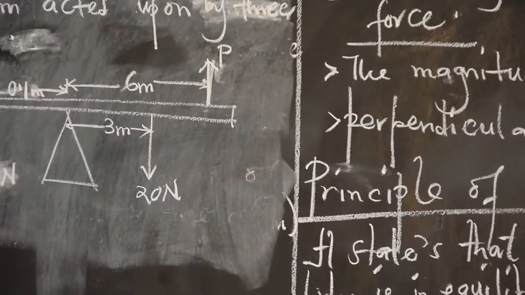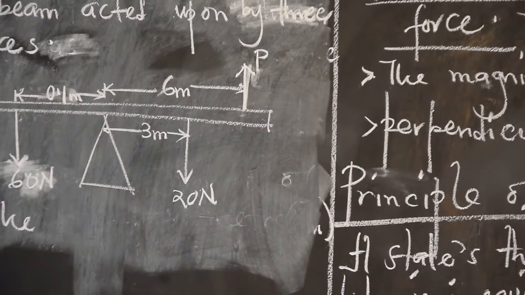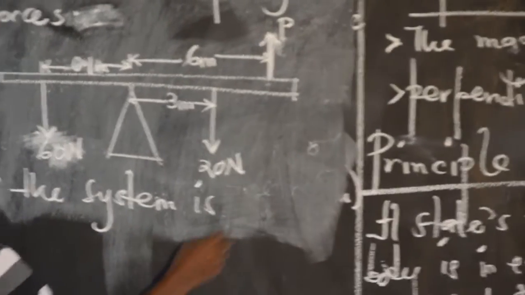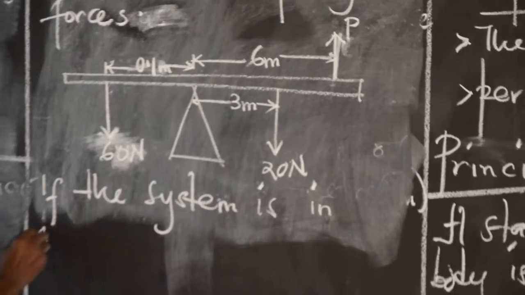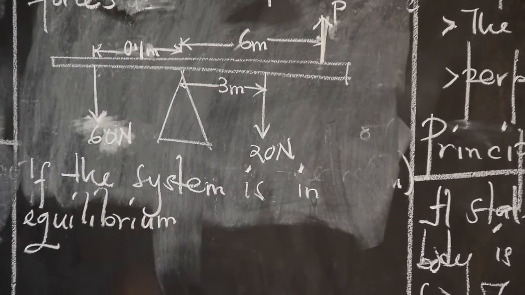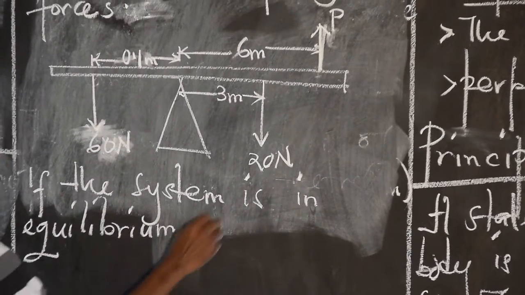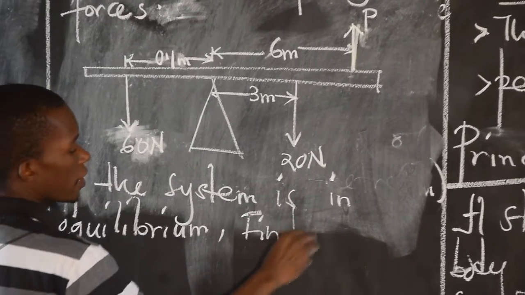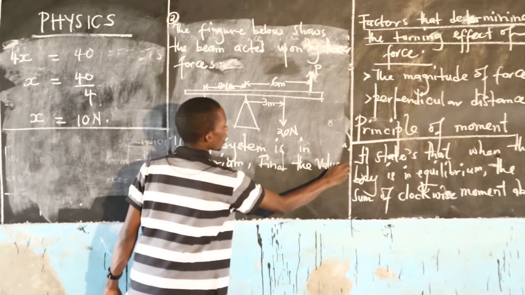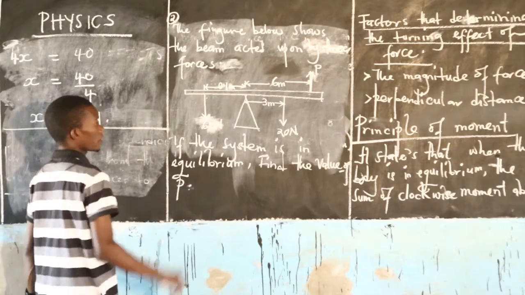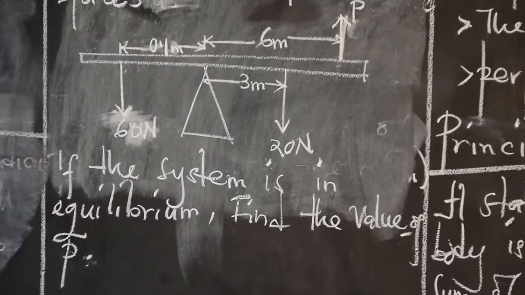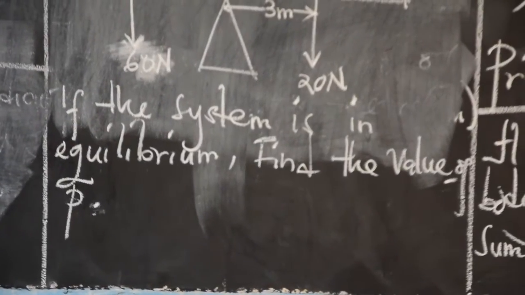They say if the system is in equilibrium, find the value of P. We are going to find the value of P. This one, there are forces acting up and forces acting down on the beam.